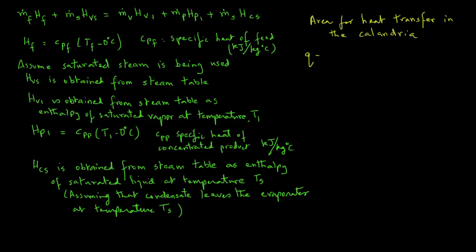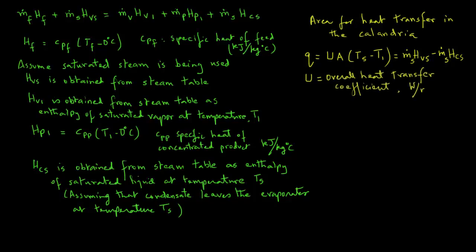Q, the rate of heat transfer across the tubes, will equal U times A times Ts minus T1 equals m dot s HVS minus m dot s HCS, where U is the overall heat transfer coefficient in watts per square meter Kelvin.